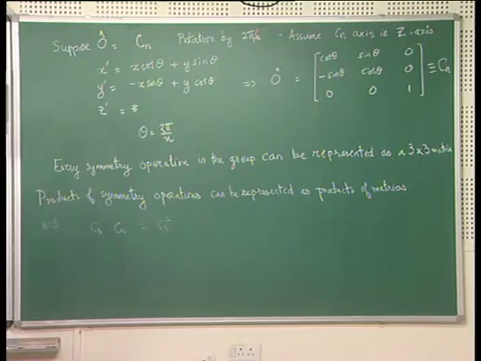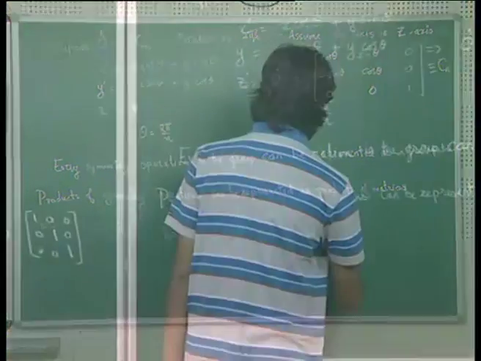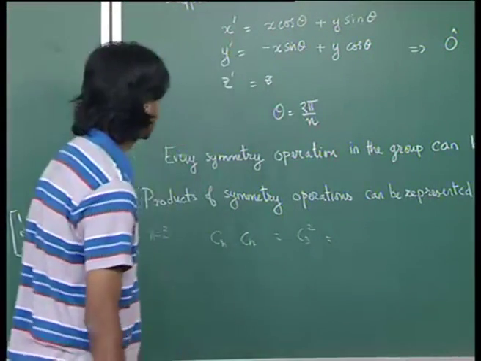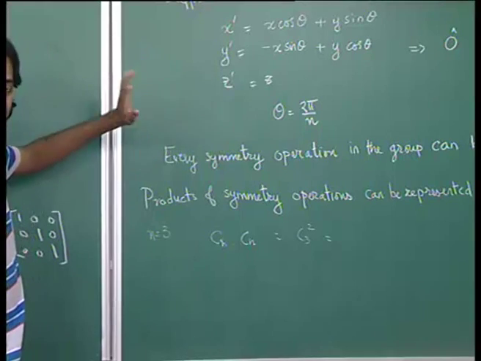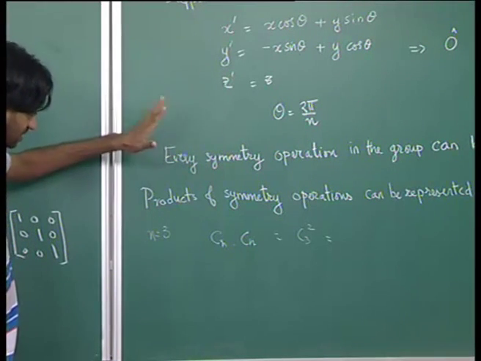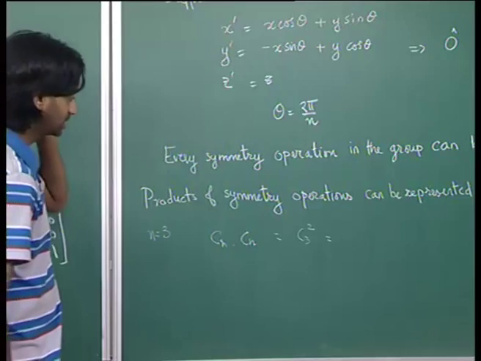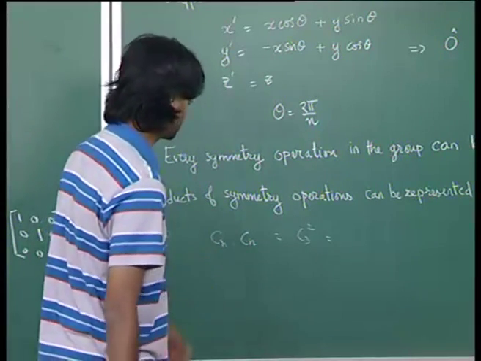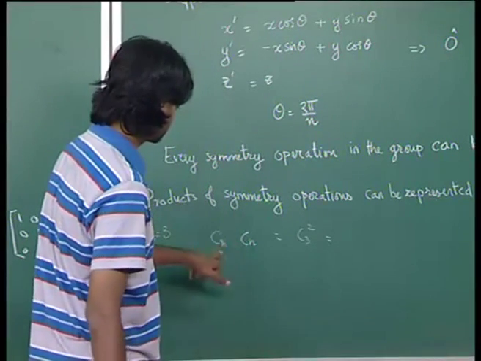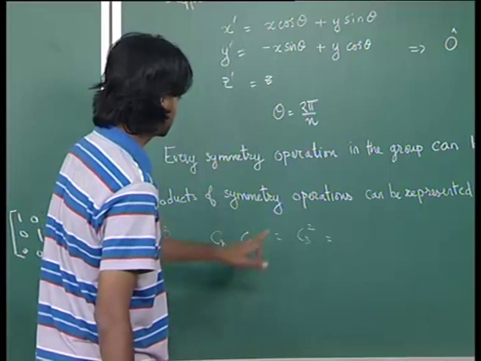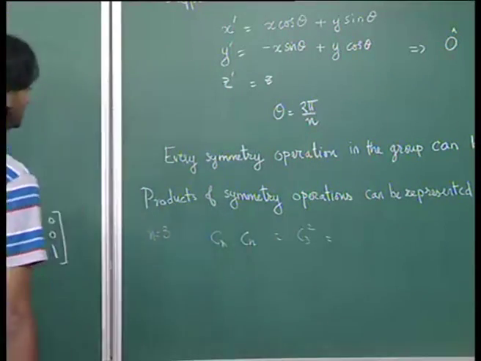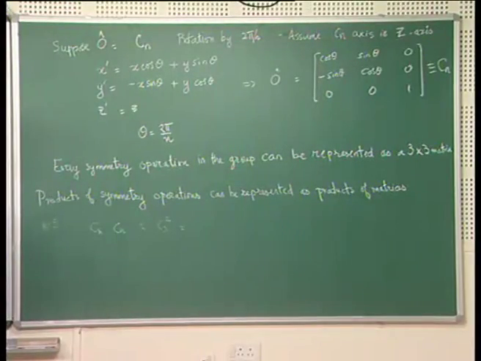Now, C 3 square corresponds to rotation by minus 120 degrees. So, C 3 is rotation by 120 degrees, C 3 square is rotation by minus 120 degrees, and C 3 square can be calculated in this way.